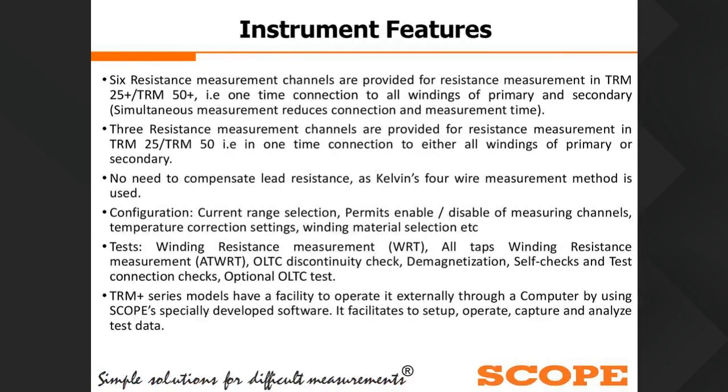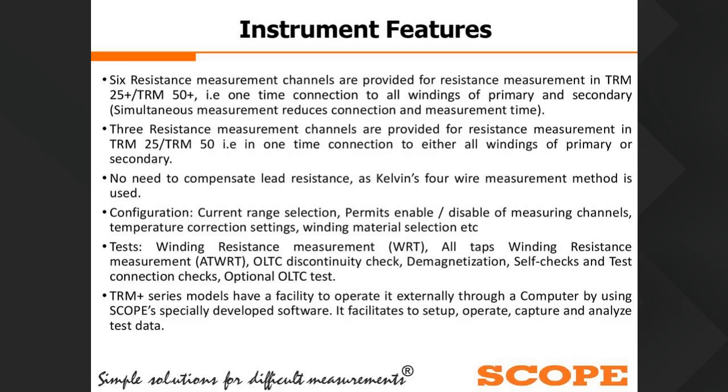Then instrument features. With the help of our TRM25 plus and TRM50 plus, we can measure 6 winding resistances. With one-time connections to all windings, that is all windings of HV and all windings of LV, we can measure in a single click. So this helps reduce the time for the measurement.